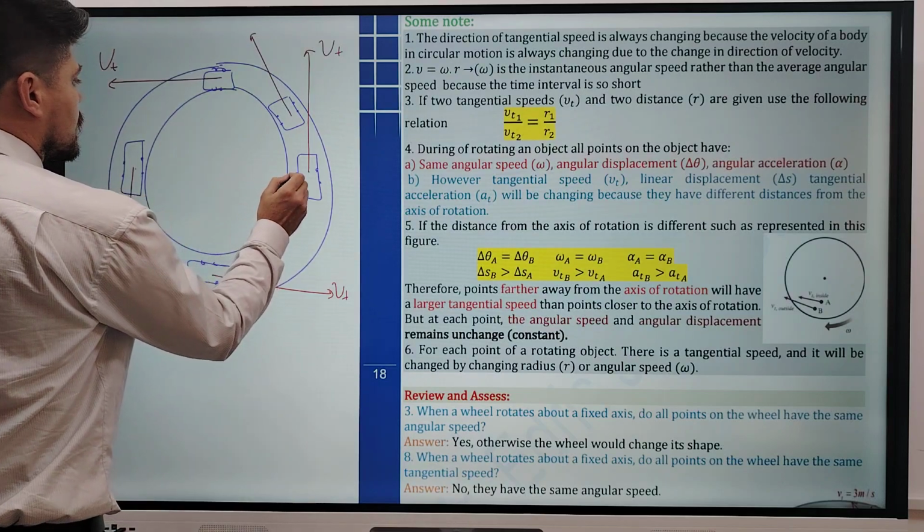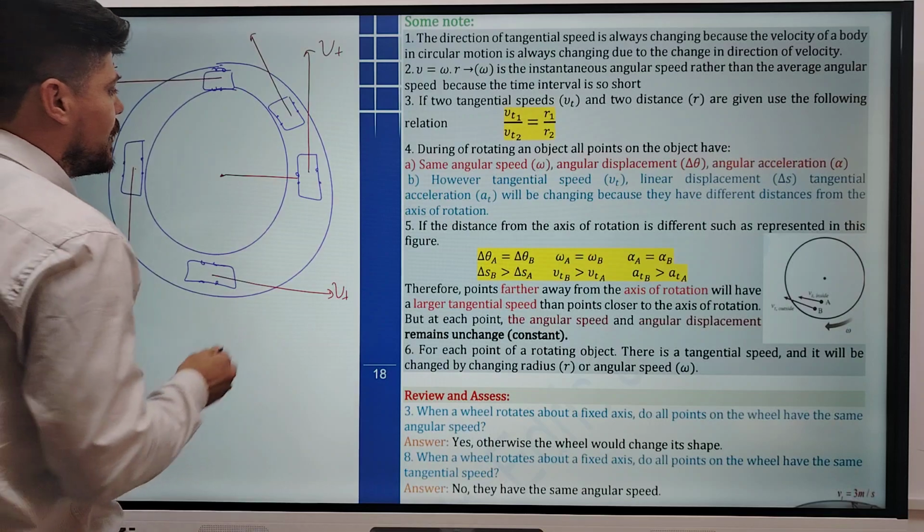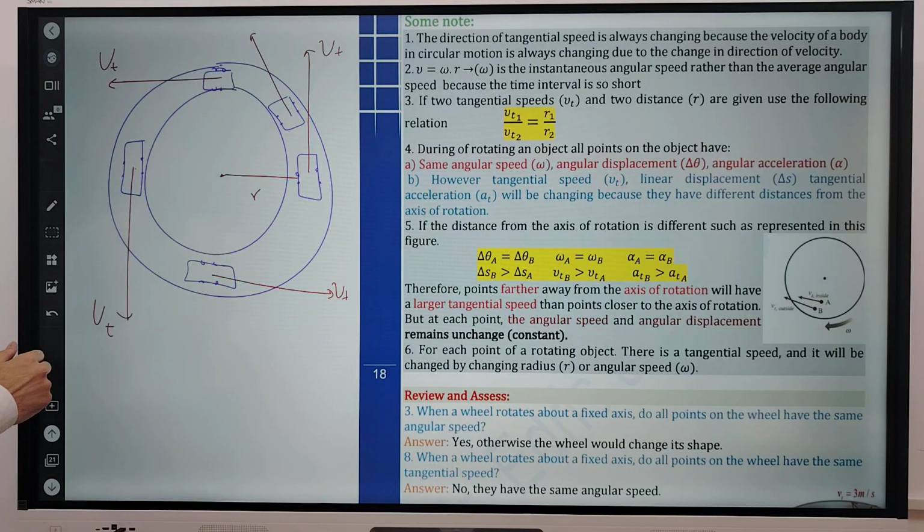Okay, so this is the distance or the radius of the circular path, which is directly proportional to the tangential speed at constant angular speed, okay.